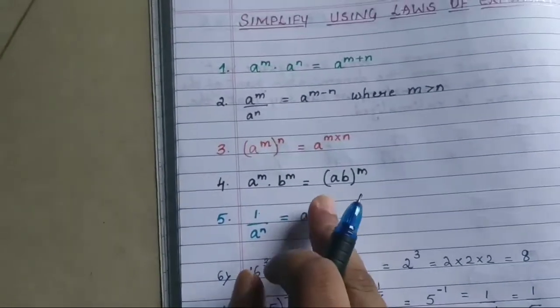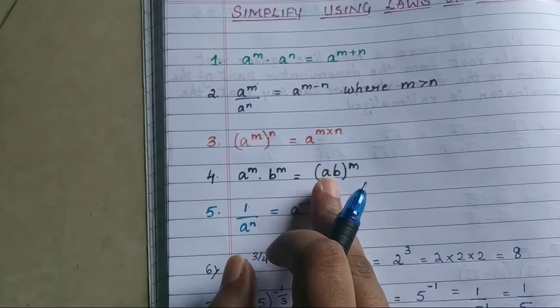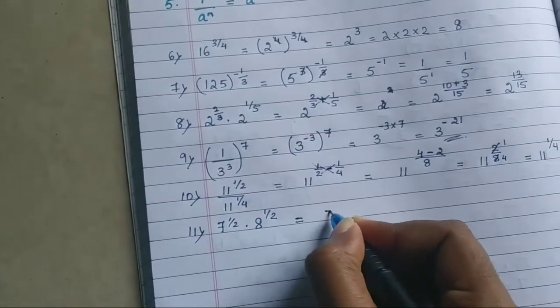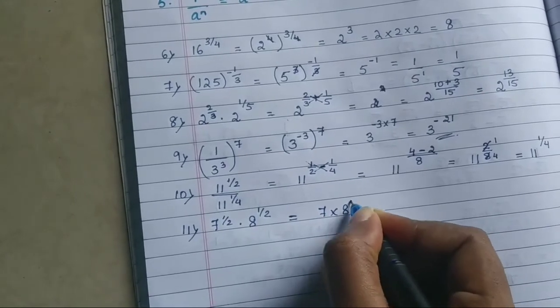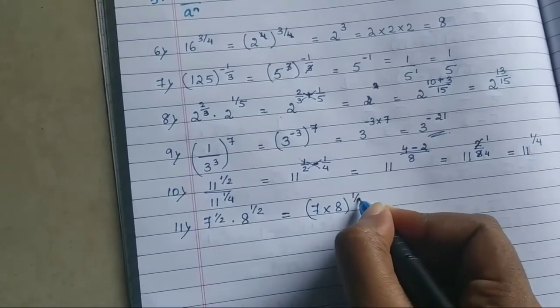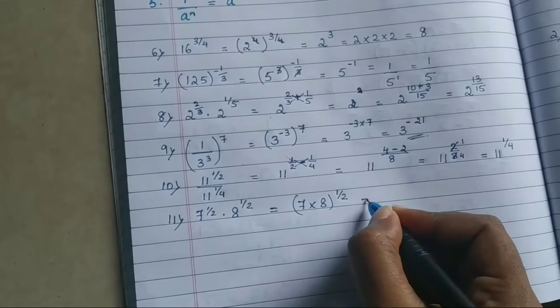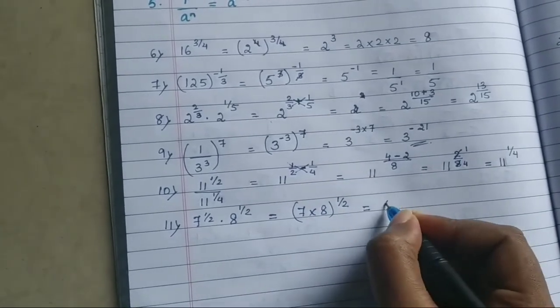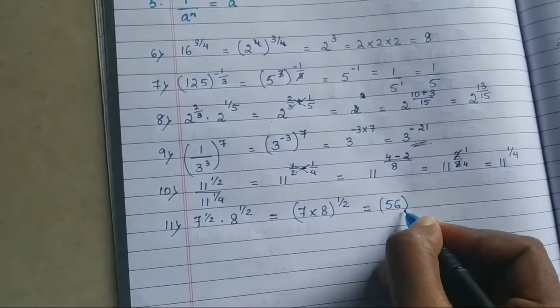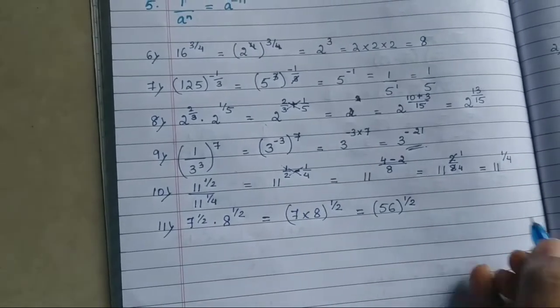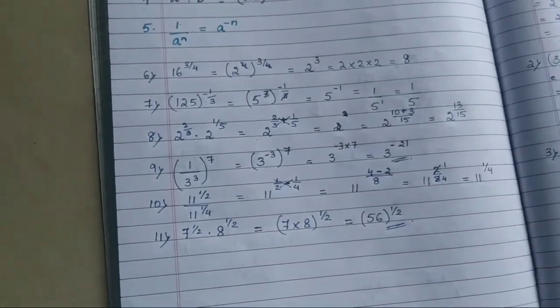So how we can write this? We can write this as a into b to the power of m. So we can write this as 7 into 8 to the power of m. M means here 1 by 2. So we will get 7 8s are 56 to the power of 1 by 2. Okay, this will be the answer.